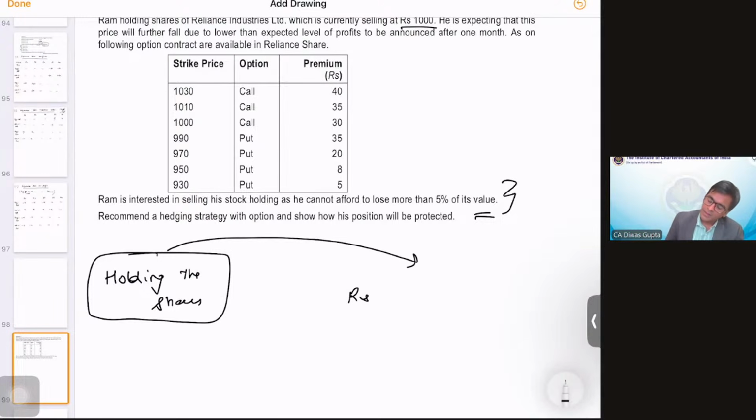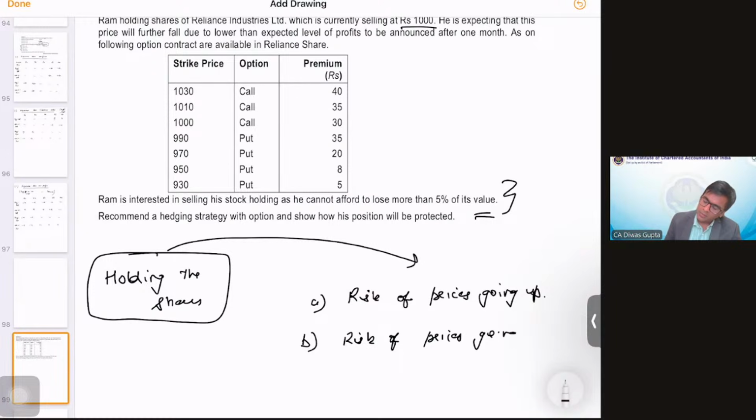The risk of prices going up, option A, or option B, risk of prices going down. Come on, students, tell me. Risk of prices going down. Yes, very good. Going down, yes. So this is the risk I'm exposed to.